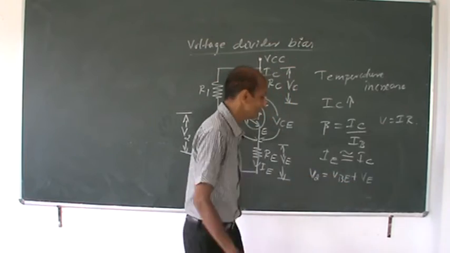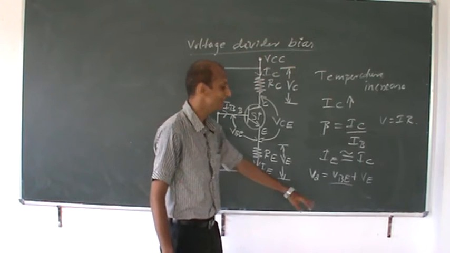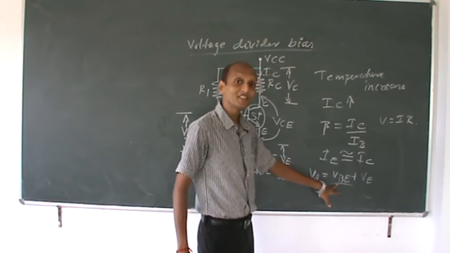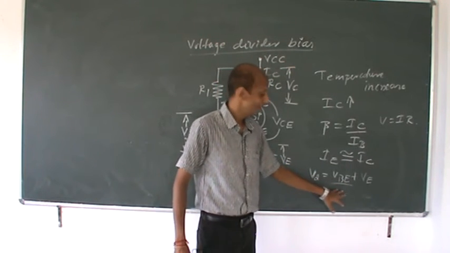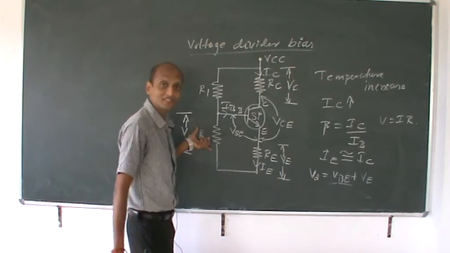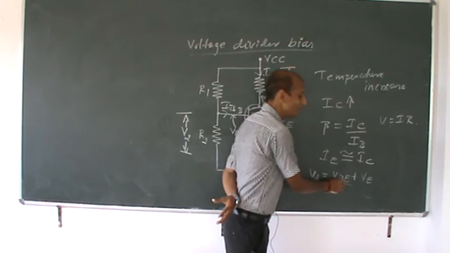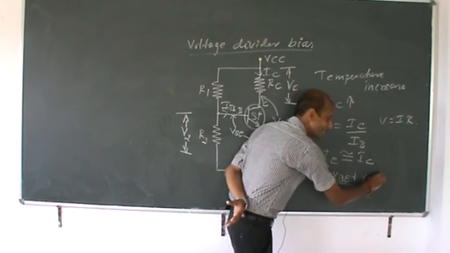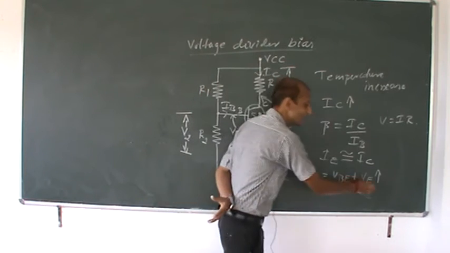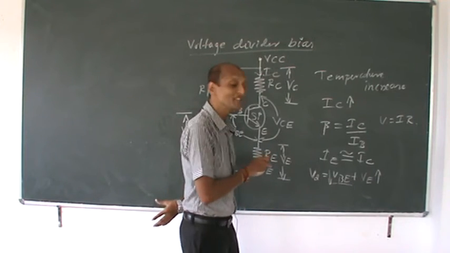When VE increases, to make your V2 constant, what should decrease? VBE should decrease, isn't it? By this equation, V2 is equal to VBE plus VE. So as VE increases due to temperature rise, VBE should decrease.